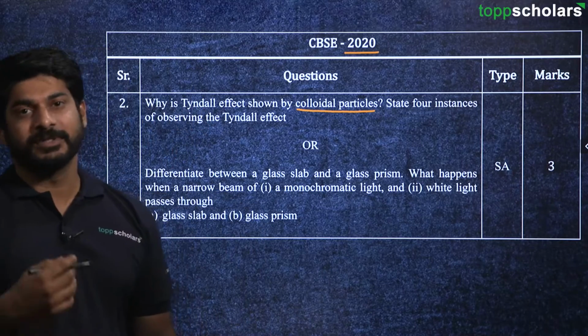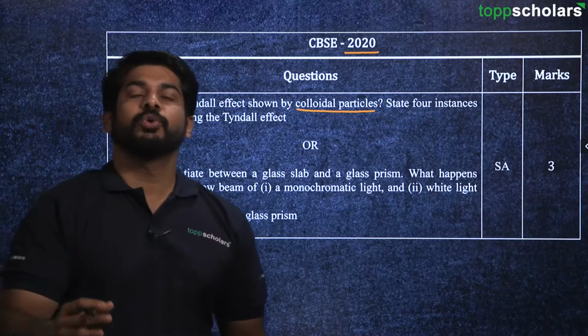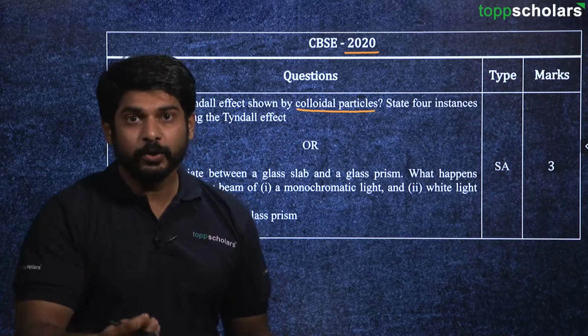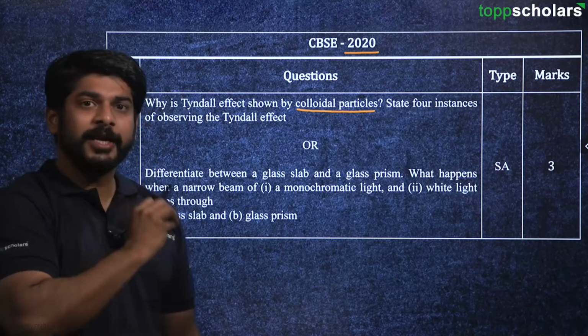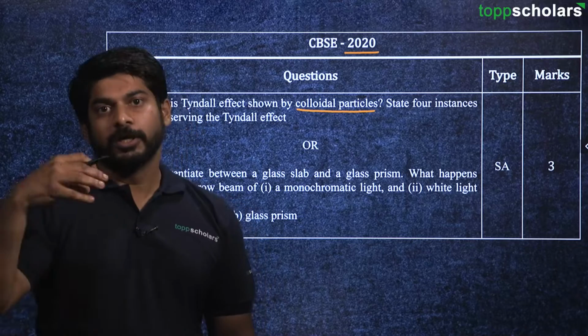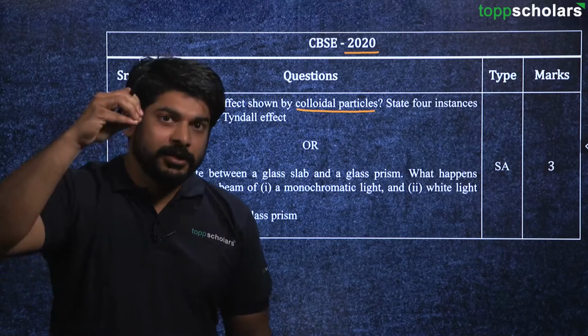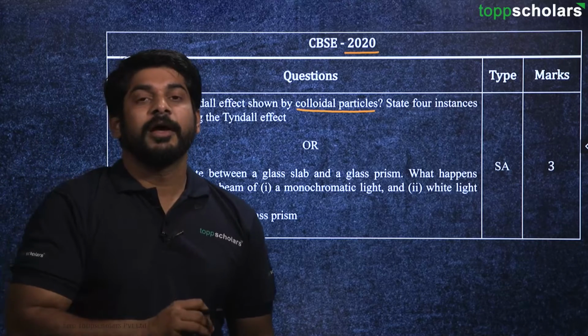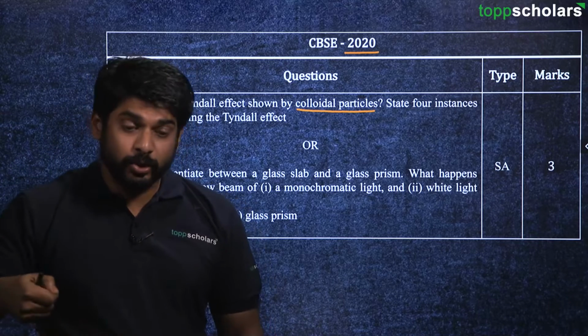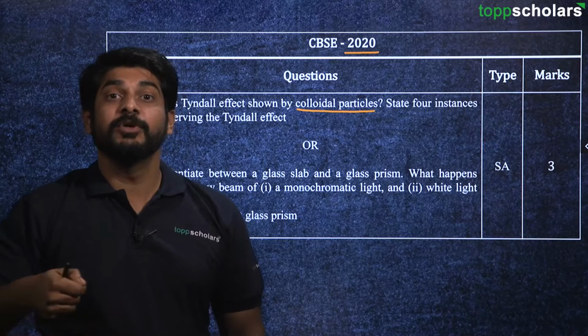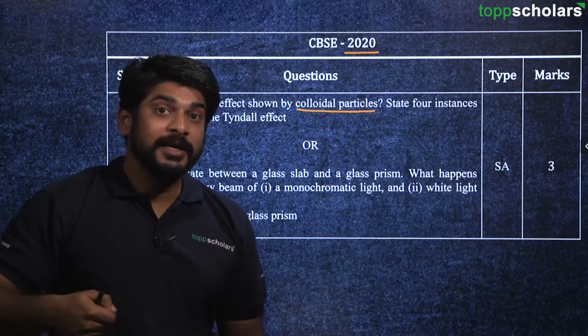Now we know what happens in case of a Tyndall effect. Whenever we have got microscopic colloidal particles, for example, you can take clean water, and in that clean water you can dissolve some Dettol, and if you shine a laser through the glass, then you will be able to see the path of that laser light.